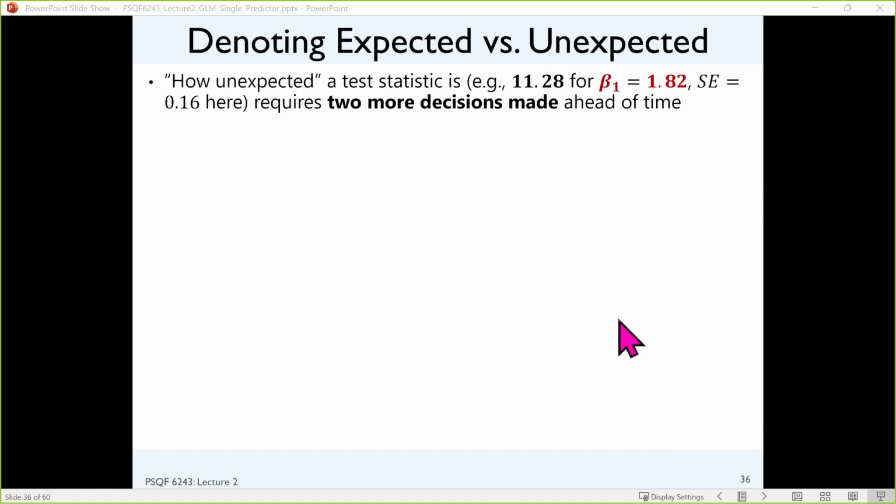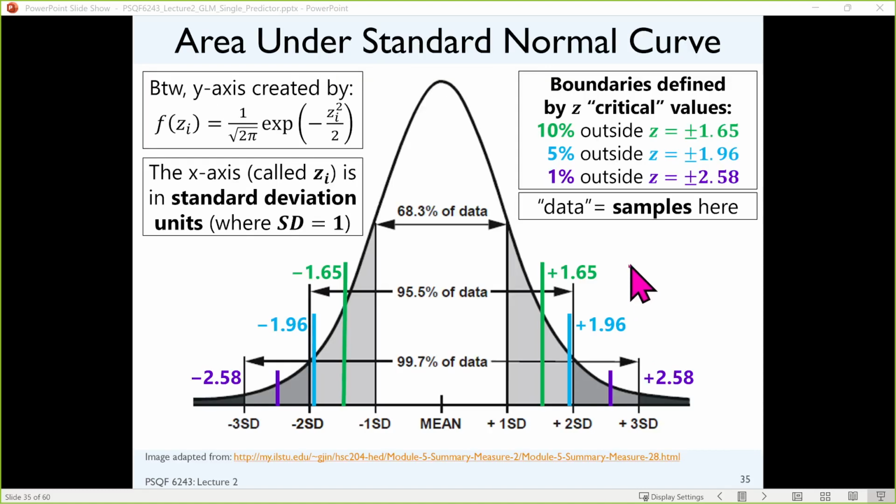Okay. So how unexpected? Where are we going to define the boundaries of where, yeah, that's too far, right? So here are some possible boundaries. If we use the green lines, we would say that anything past here or here is going to happen 10% of the time or less.